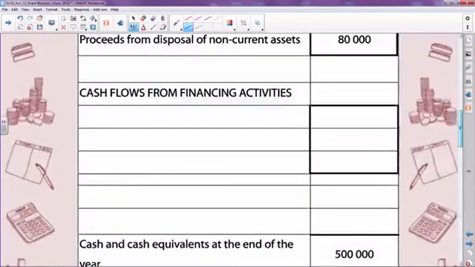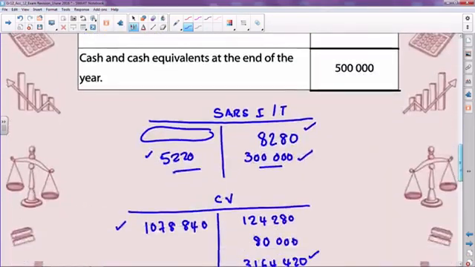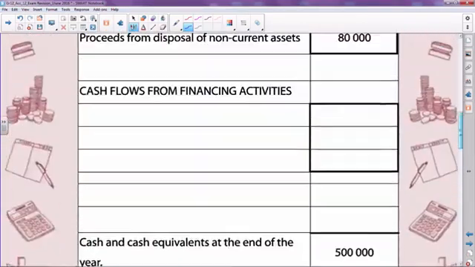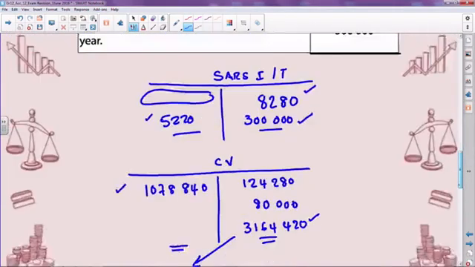So you start off by saying 3164420. So obviously, this is your tangible assets that you purchased. And the figure we want is 3164420. I'm showing you your calculation. 3164420 plus, what else appears on the same side in that account?